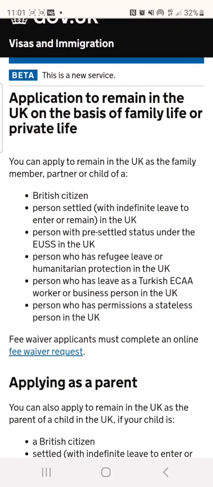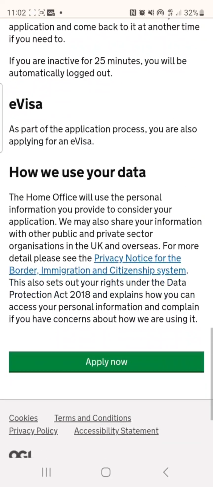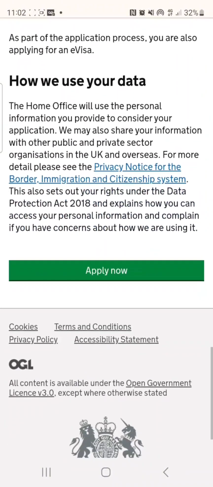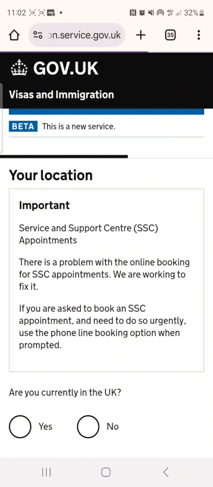You can apply to remain in the UK as a family member, partner, or child of a British citizen, a person settled with indefinite leave to remain in the UK, a person who has refugee leave or humanitarian protection, or a person who has stateless permission.